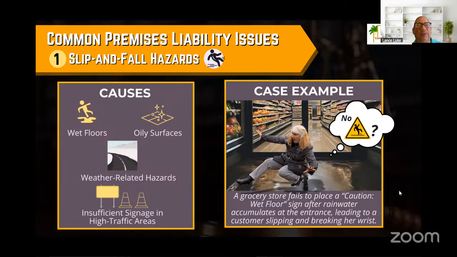Also, oily surfaces. I noticed that in quite a few restaurants that I go to, and I try not to eat a lot, but just so happen I go to these restaurants and mostly fast food restaurants I notice, right? Not because I tend to eat at more fast food places than regular sit down restaurants. The fast food restaurants, they do a lot of cleaning of the floors.